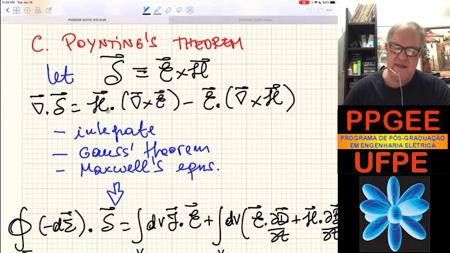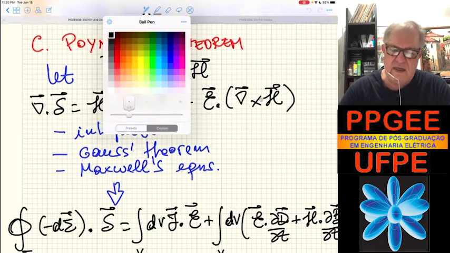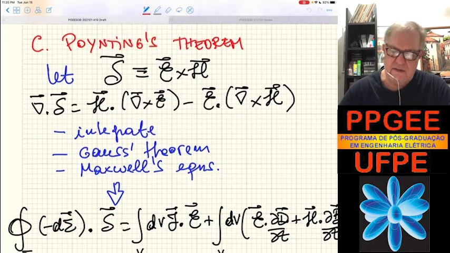We have a vector identity that expands the divergence of E cross H. It's like this: H dot curl of E minus E dot curl of H. Then we use Maxwell's equations. This one here is minus dB dt.